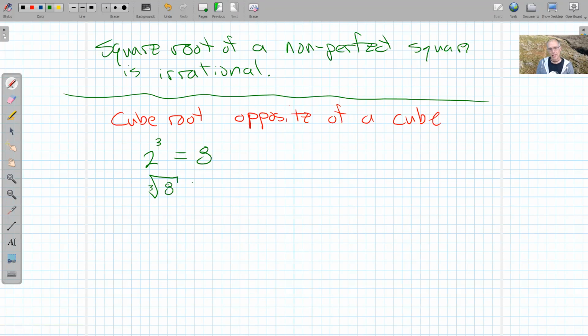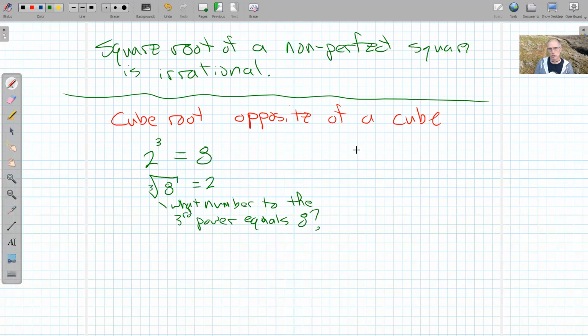The cube root of 8 must be 2. And so this symbol, the cube root, says what number to the third power equals 8. Well, 2 to the third power is 8.